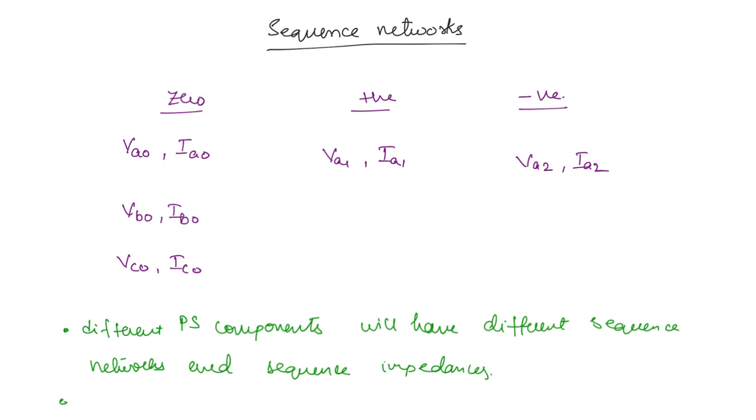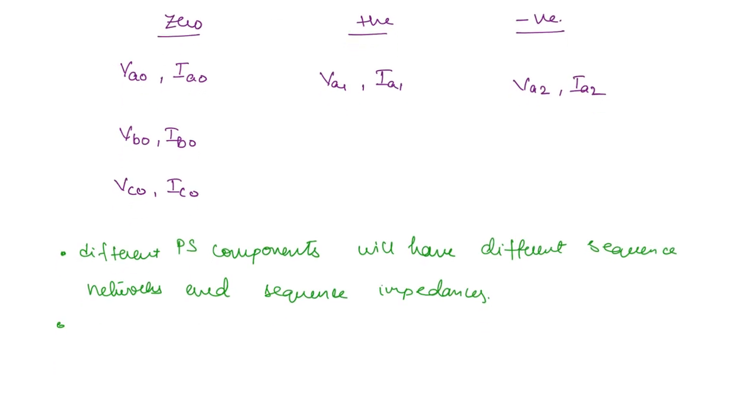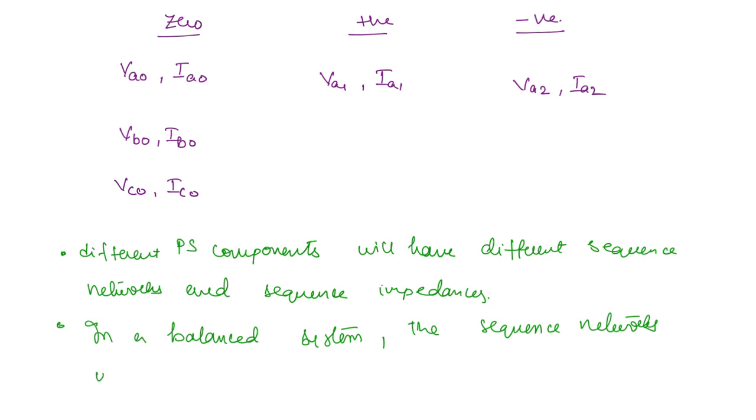And the second point is, in a balanced system, what is going to happen? All of these sequence networks will be decoupled. That means they are not related to each other.